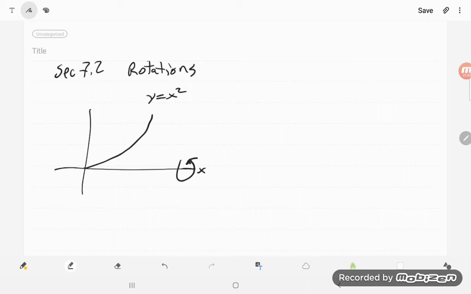Then when it rotates around, we're going to get the mirror image down here, but it's rotating all the way around, and so it ends up making sort of this cone type of solid, and the bottom would be this circle here.